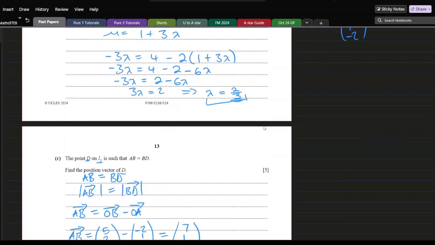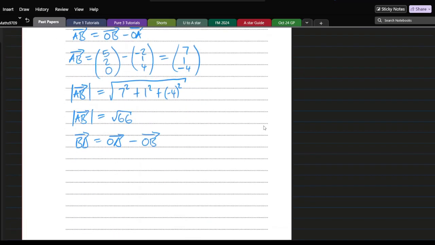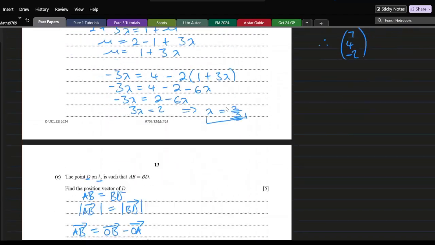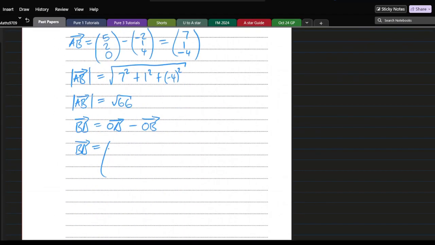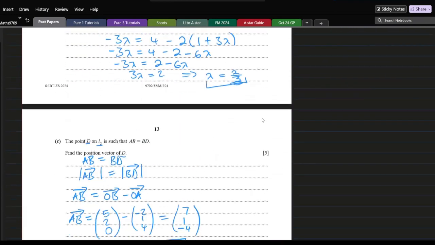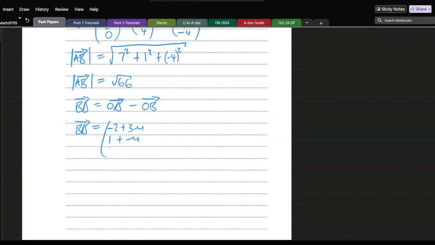So we can say that our OD is equal to that set of coordinates: (-2 plus 3 mu, 1 plus mu, 4 minus 2 mu).